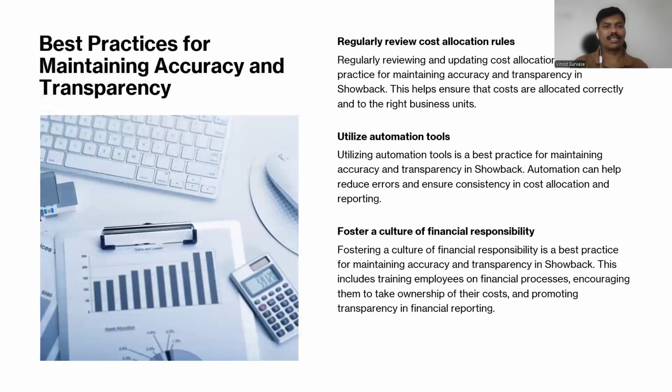There are a few best practices for maintaining accuracy and transparency across the organization, right? Which is going to be regularly review cost allocation rules, utilizing automation tools, and foster the culture of financial responsibility, right? So these are very important best practices.